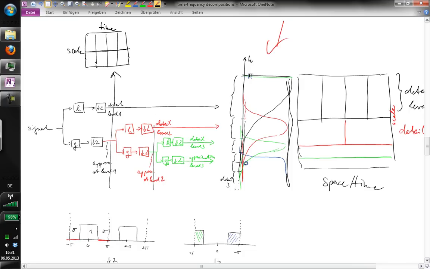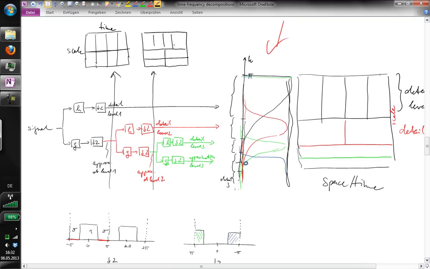Now at this point here, I leave the coefficients in the upper half untouched. This is what I'm meant to indicate with this arrow here, that nothing is happening. At this stage, however, I have split my bottom part again into the high and the low frequency contribution, and after the downsampling, I'm still left with a total of 8 filter responses.